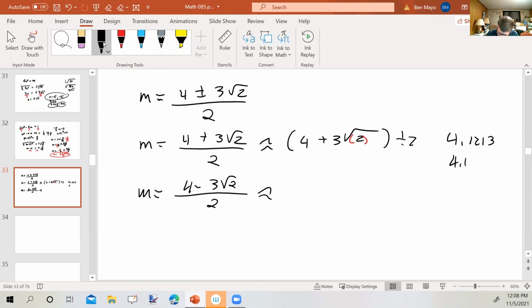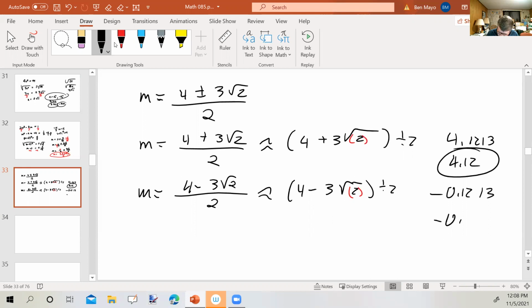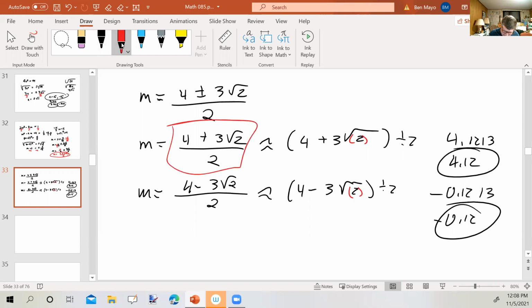So 4.12 to the nearest hundredth. And then the second one, 4 minus 3 square roots of 2 divided by 2 comes out to negative 0.1213, so negative 0.12. So here are the exact answers, and here are the decimal approximations.